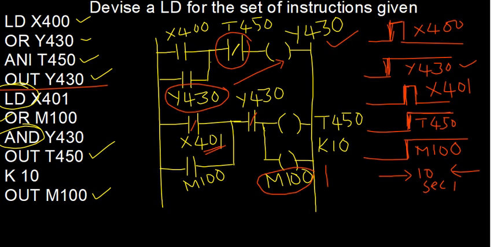Once your Y430 stops, what happens here? Your timer is already stopped here. So your M100 also is going to stop here at this instant. That is after a delay of, say, 10 seconds.